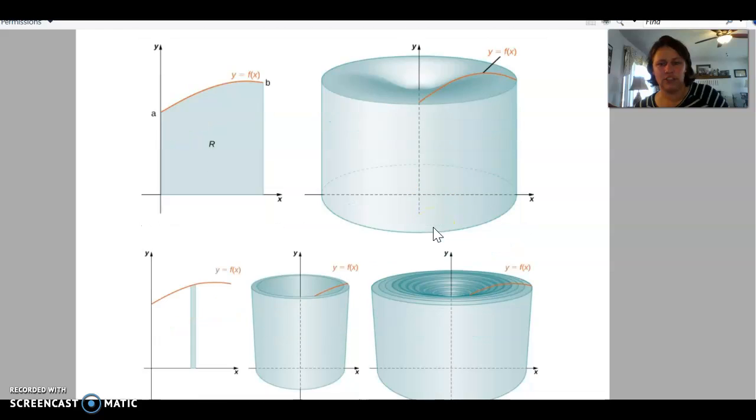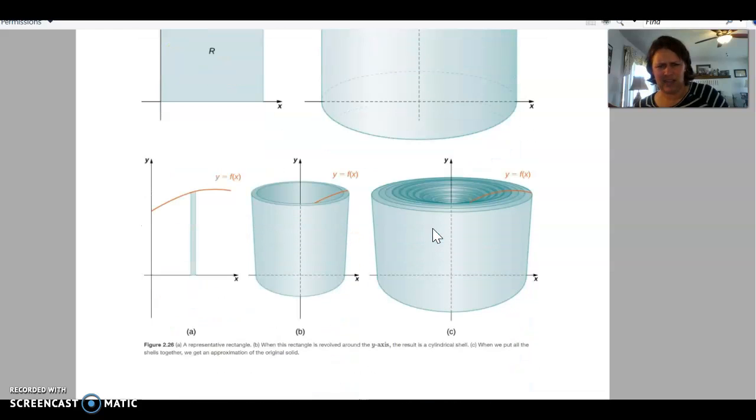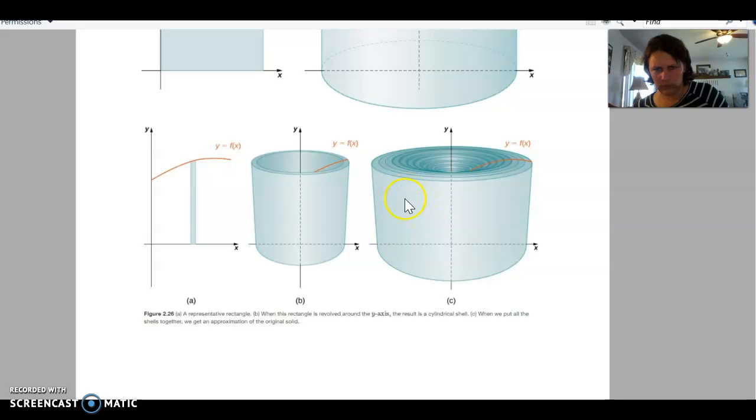All right, so with our shell method, if you look at this last picture on the right, picture C, think of it as, well, really, it's like fruit by the foot. Or what's the gum that goes on forever and you can pull it out?